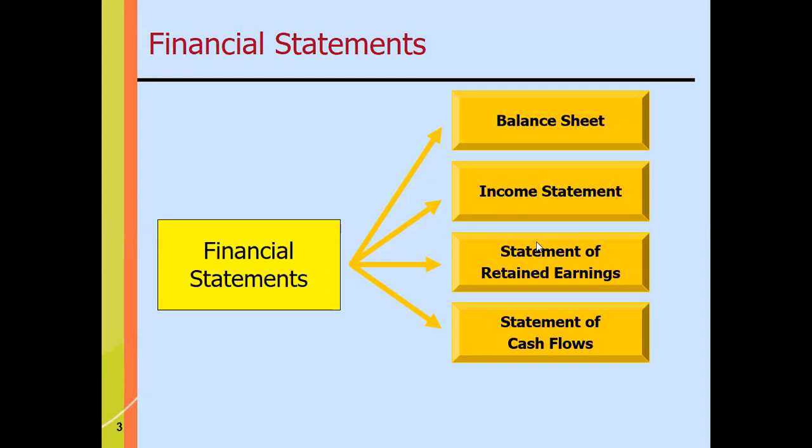For the third item here, the statement of retained earnings, this is okay if, for example, we are using the old versions of our accounting standards.